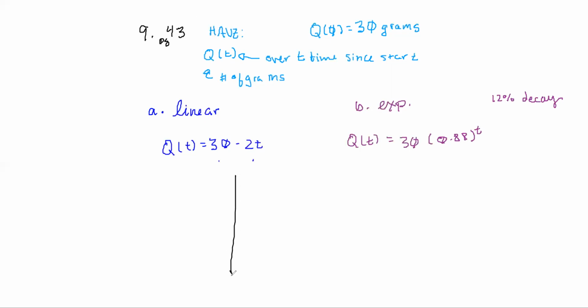Now we're going to kind of sketch a graph. And so this is going to be 30. And this is going to be time. So this is going to be 30 minus 2t, so this is going to be a line, and it's going to intersect with 0 at what, 15 days.